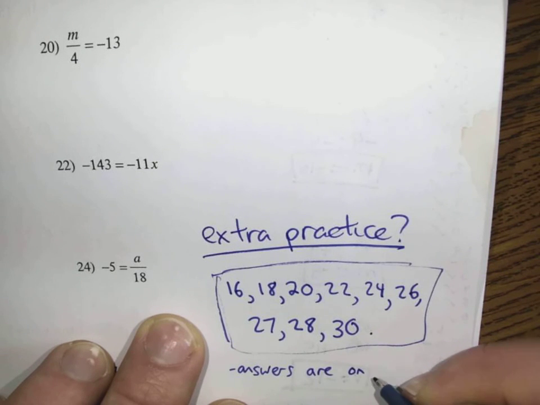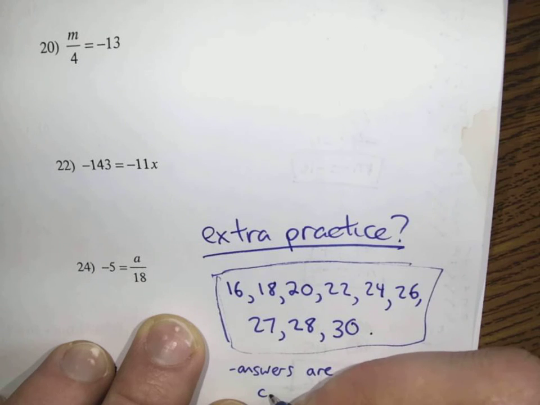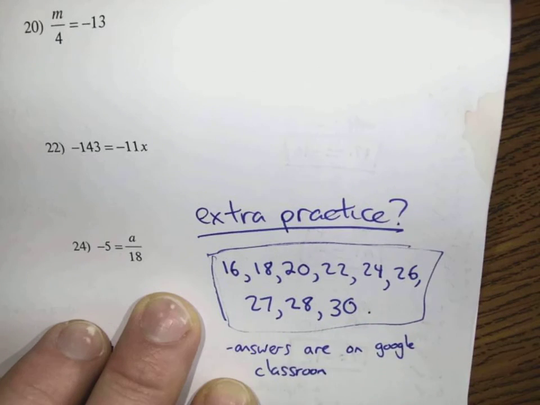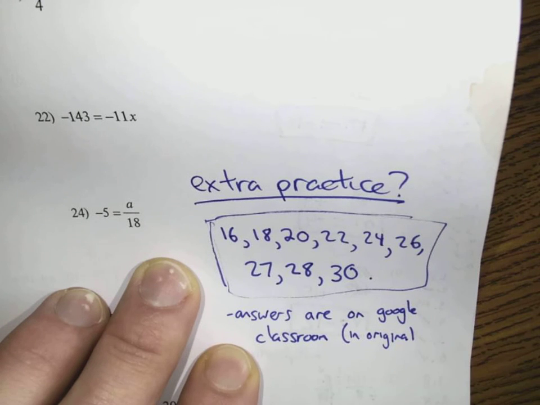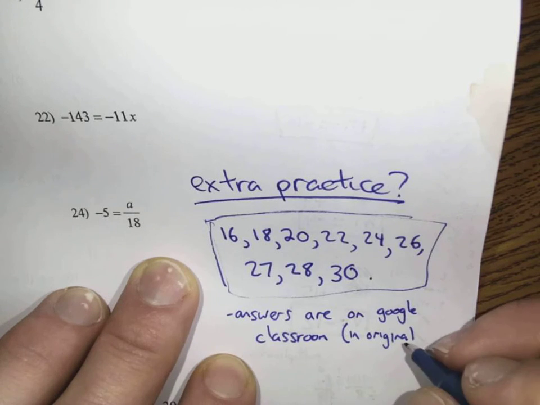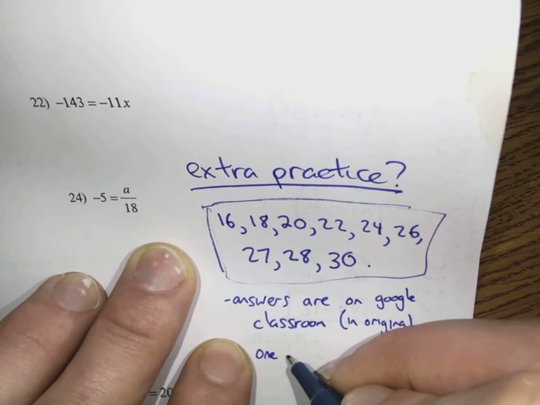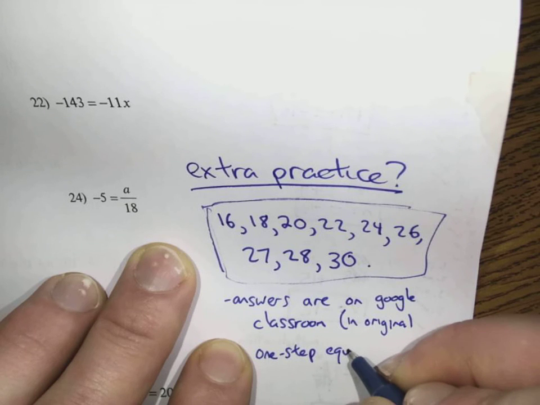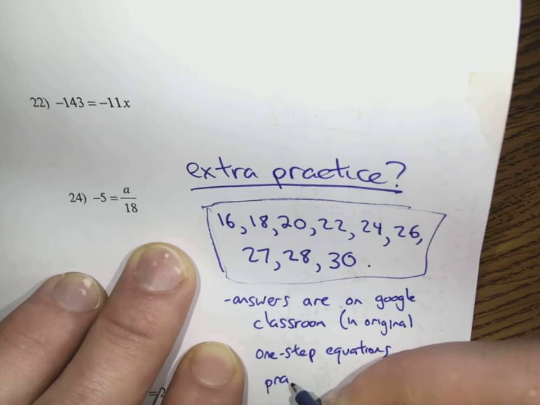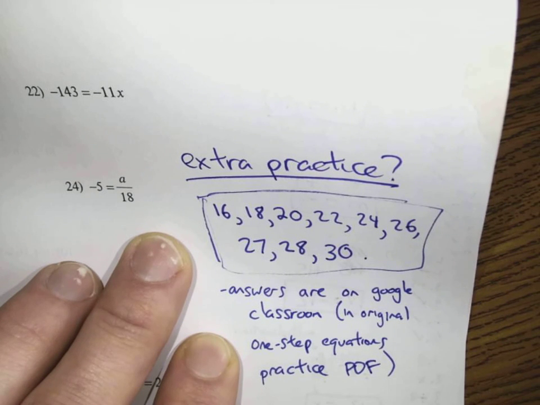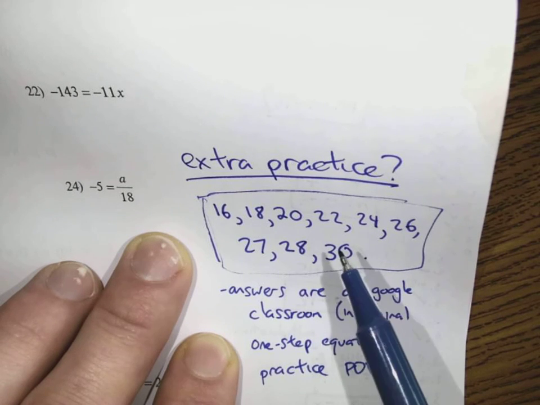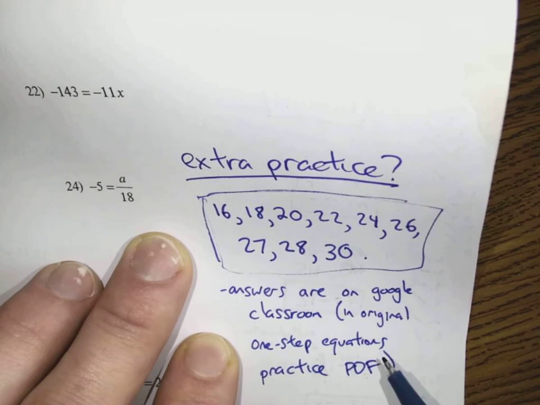So answers are on Google Classroom in the original one-step equations practice PDF. Okay, so they're all written there as well. If you want the answers for any question that I didn't solve, they're all in the original document, so you can find them there.